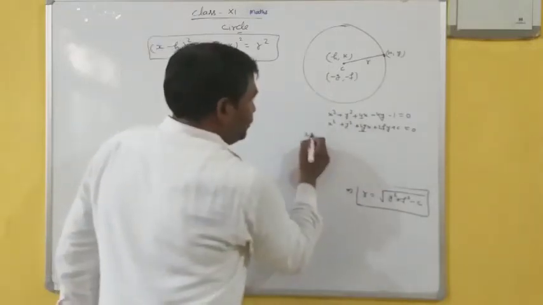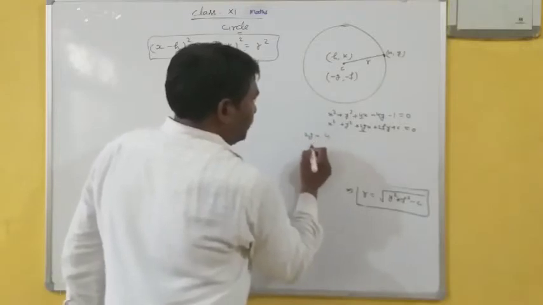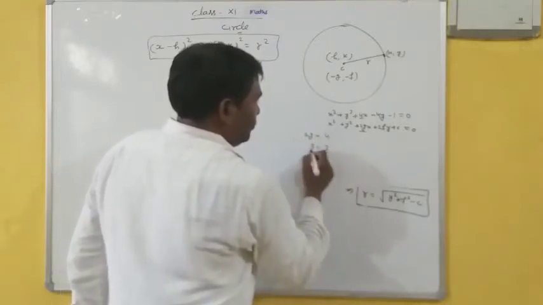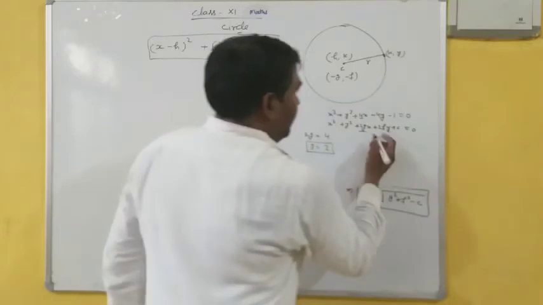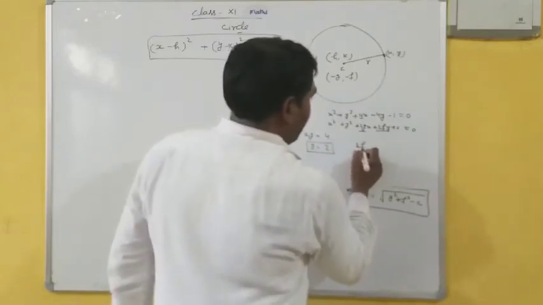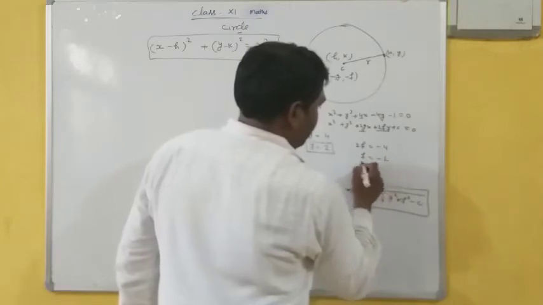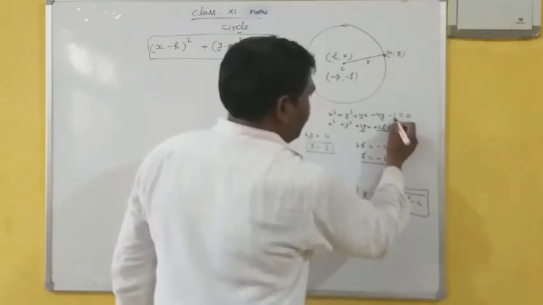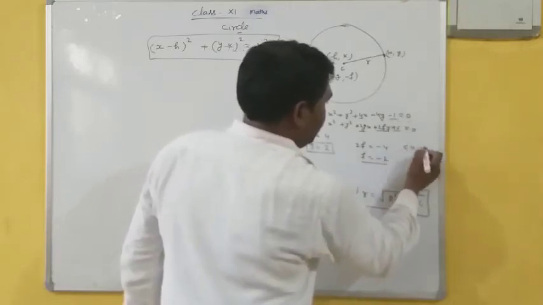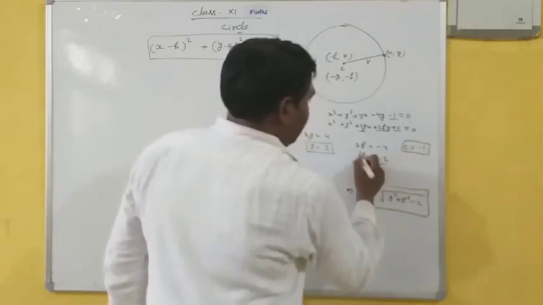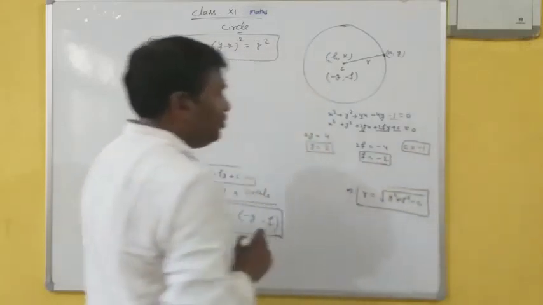So 2g is equal to 4, g is equal to 2. Here plus 2f is equal to minus 4, so f is equal to minus 2. And here plus c is equal to minus 1, so c is equal to minus 1.